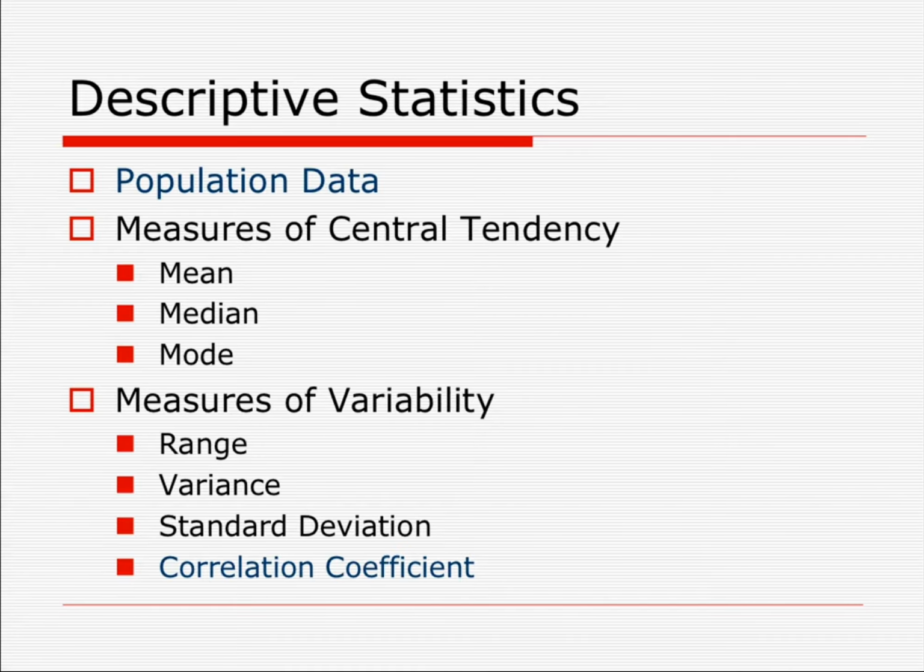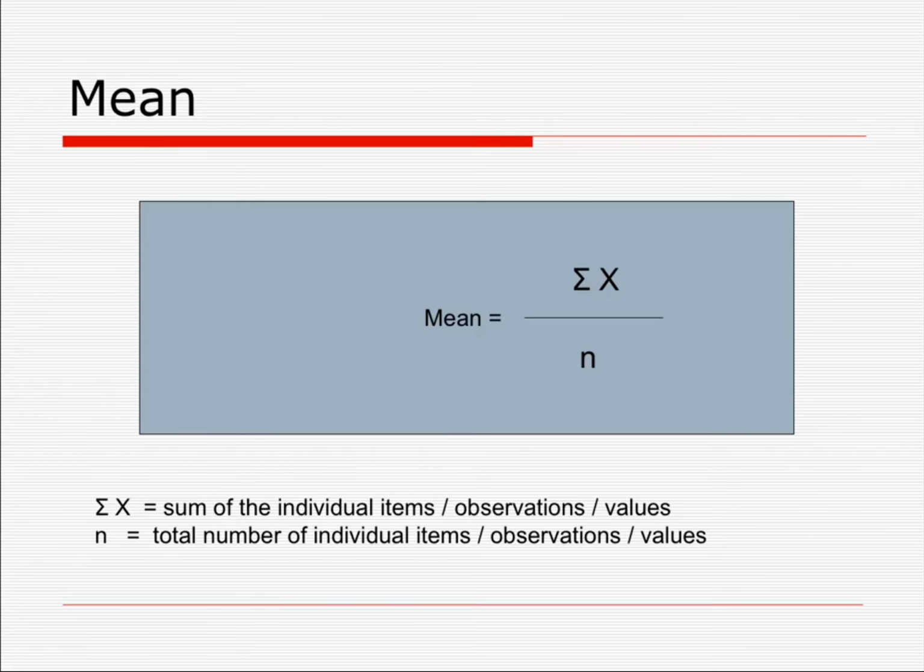Now, going back and looking at what we said, measures of central tendency, we want to look at these 3, mean, median, mode, individually. Calculating mean, most folks know it as average, is basically taking the summation of the individual items or observations or values and dividing it by n. N will stand for the total number of individual items, total number of observations, total number of values.